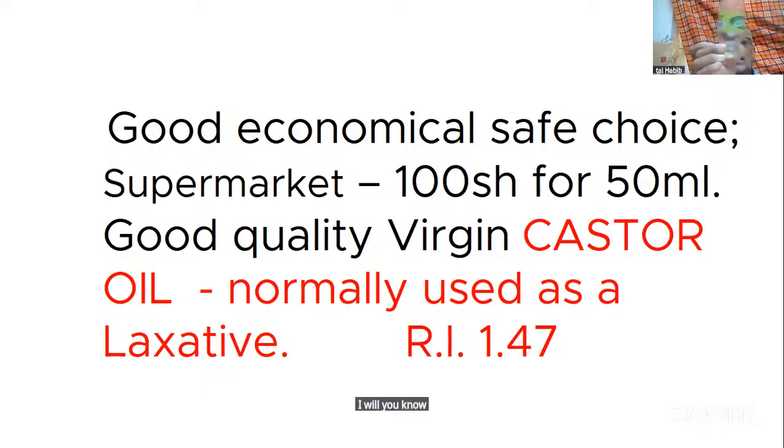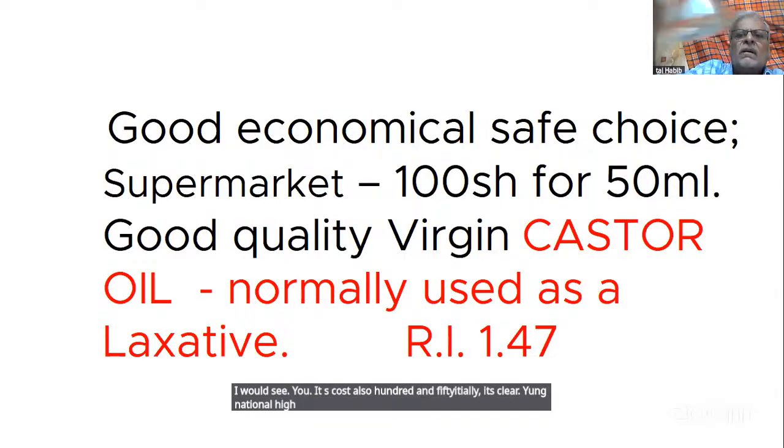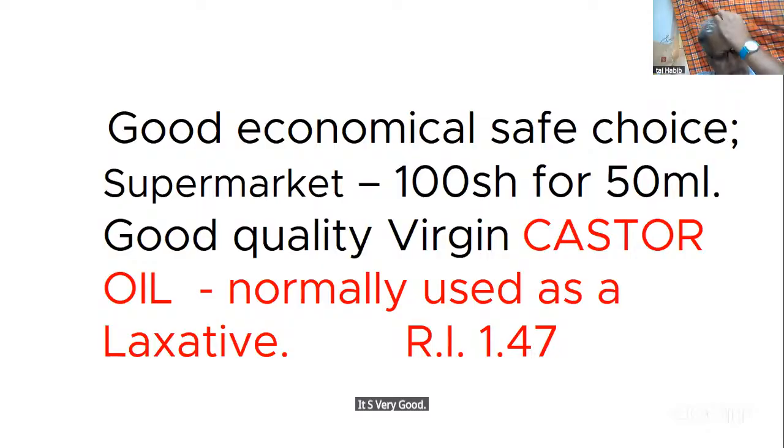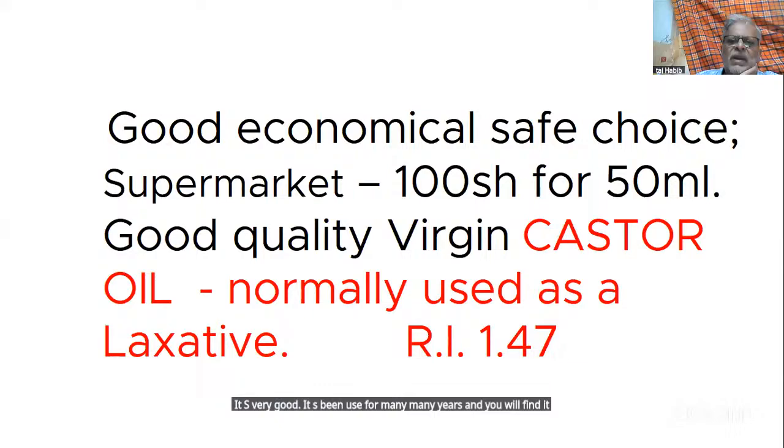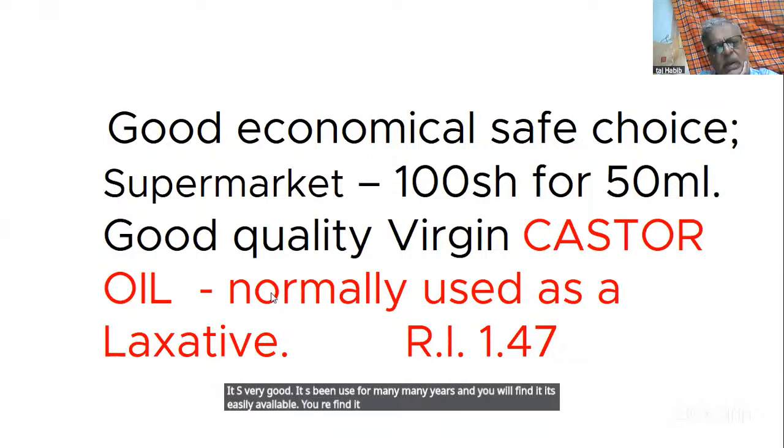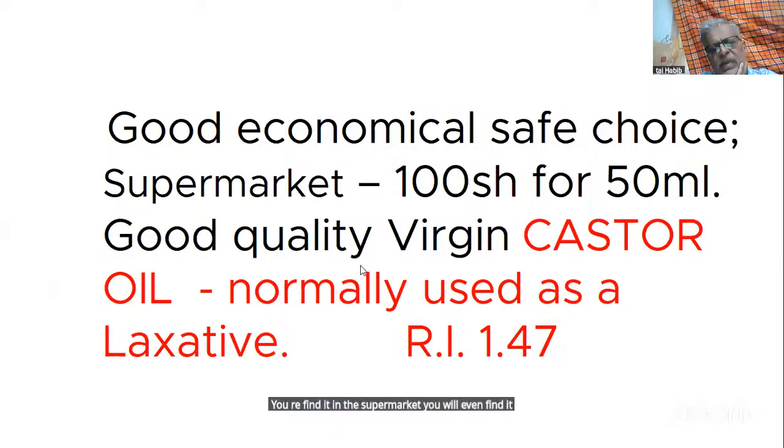It also costs 150 shillings. It's clear immersion oil. It's very good. It's been used for many, many years, and it's easily available. You'll find it in the supermarket. You will even find it in your pharmacy.